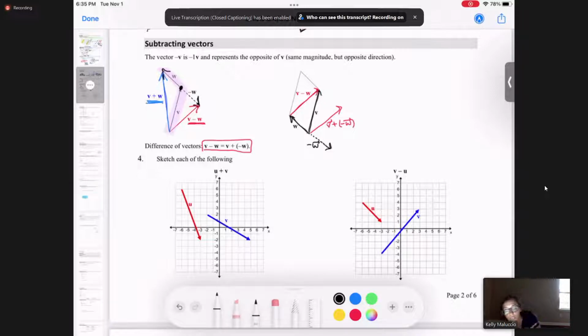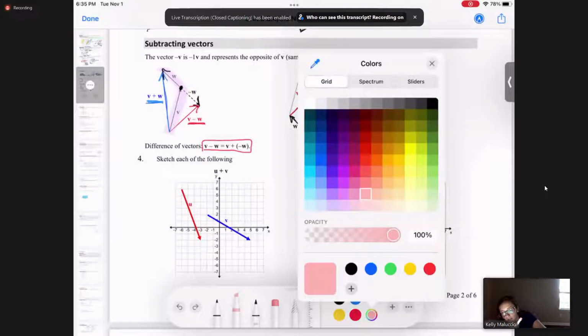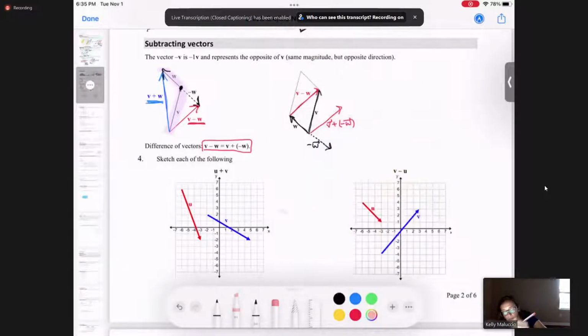We need it to be either coming from the same point like this, or connected like that. So we either need them connected, or like we saw before, one follows the other. What we have to do when we want to add or subtract vectors that are in random places is we just have to shift.